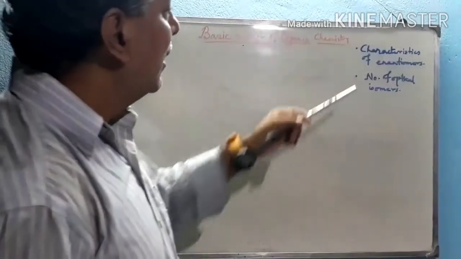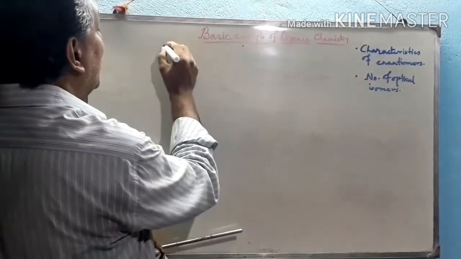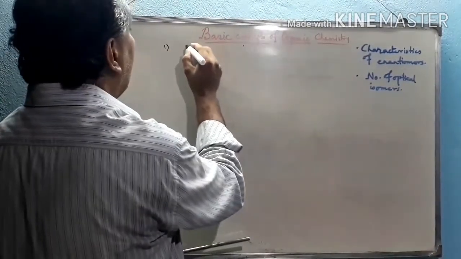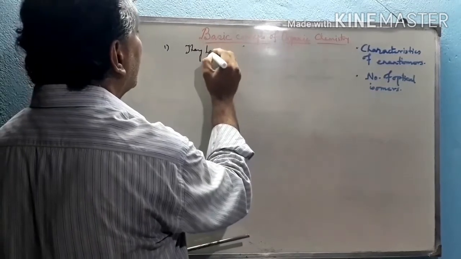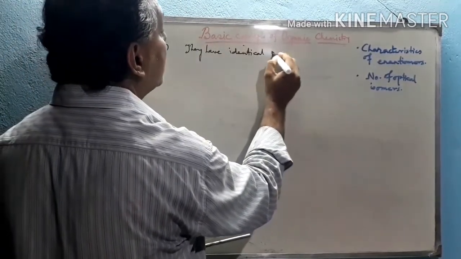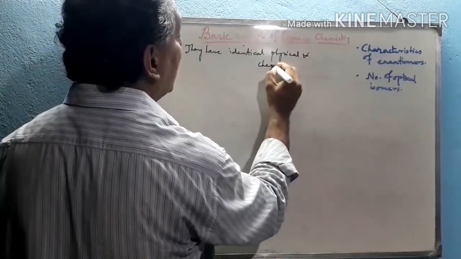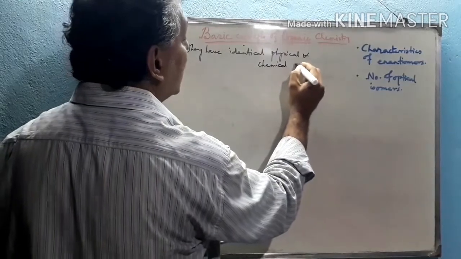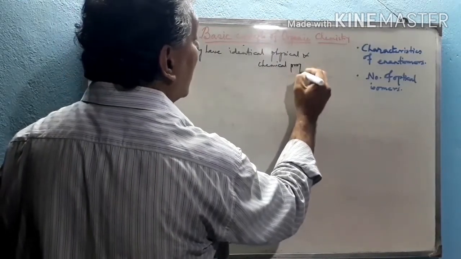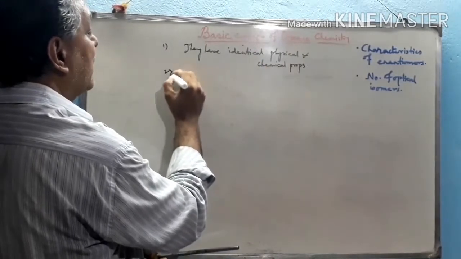Number 1, characteristics of enantiomers. What are the characteristics of enantiomers? Number 1, they have identical physical and chemical properties, because their molecular weights are the same, their functional groups also remain the same.